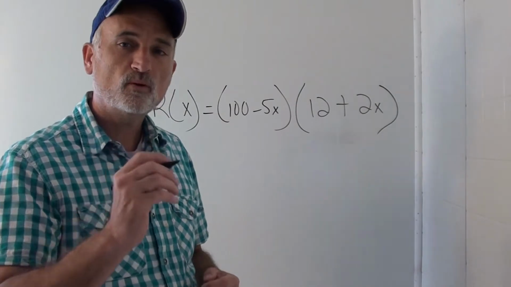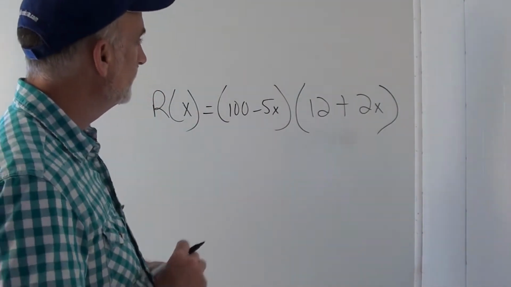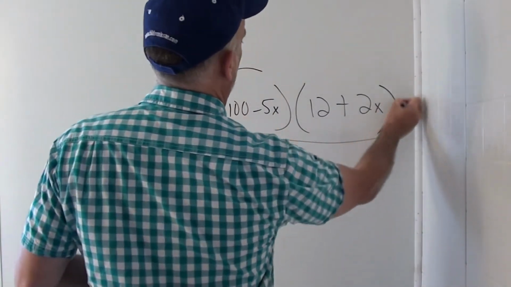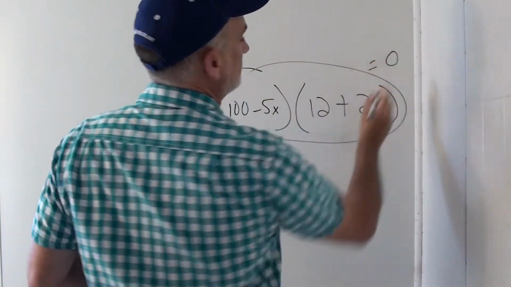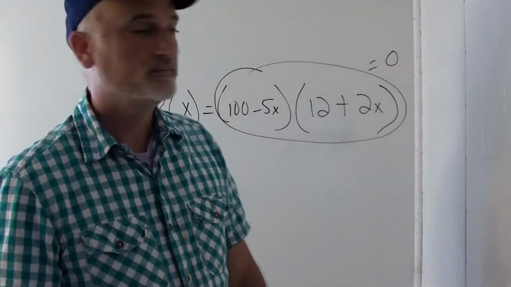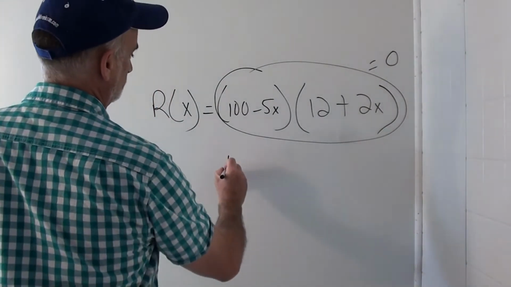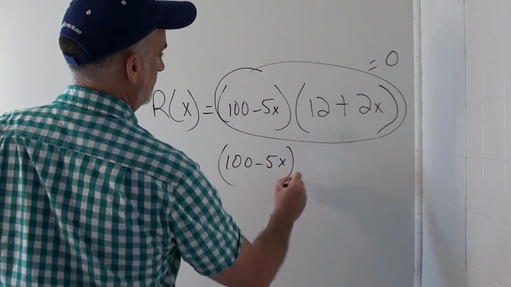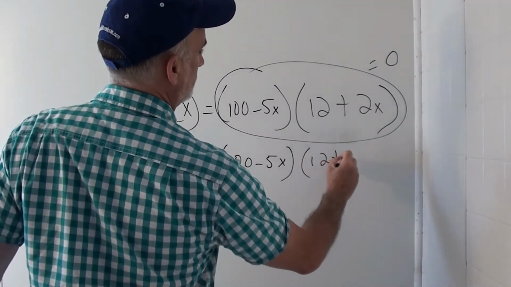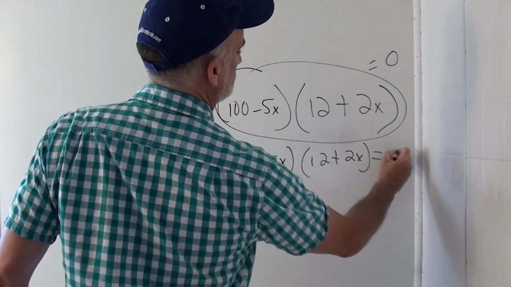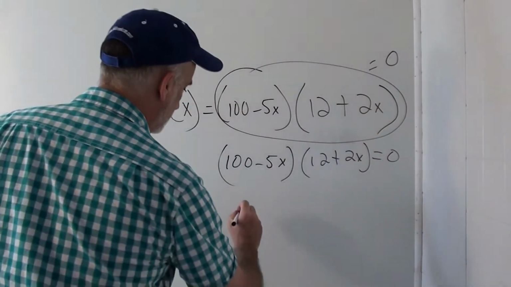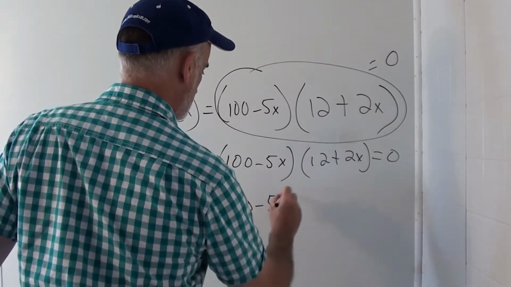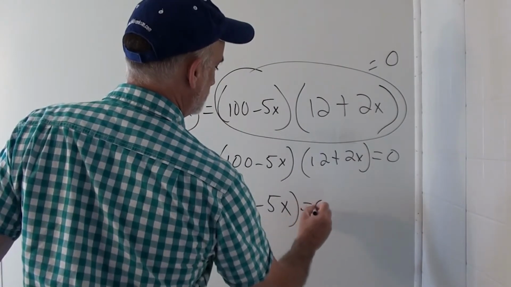But I'm wanting you to see something here. Why don't I set this whole thing to equal 0? Okay? So let's see what that'll look like. 100 minus 5x times 12 plus 2x equals 0. Okay? So let's do the first one. 100 minus 5x equals 0.